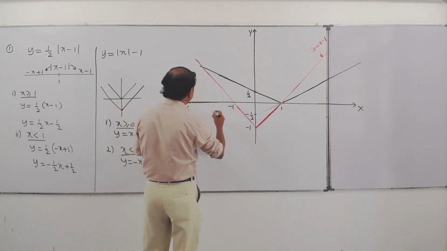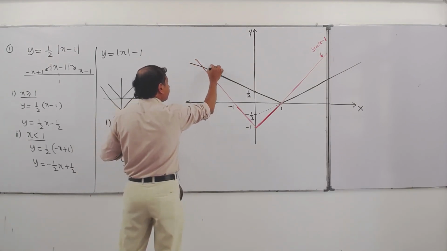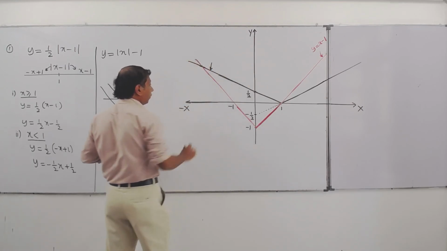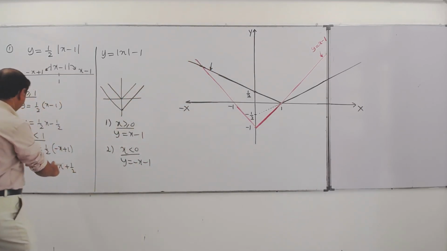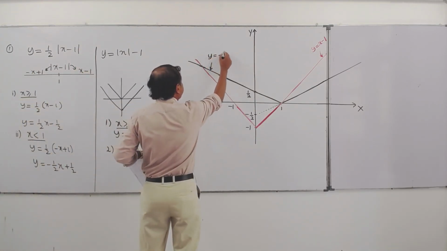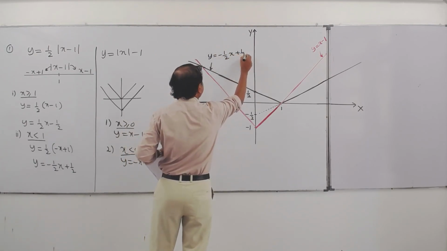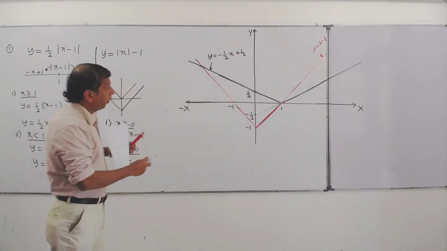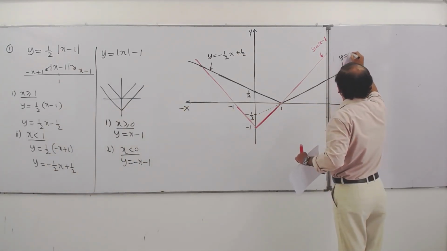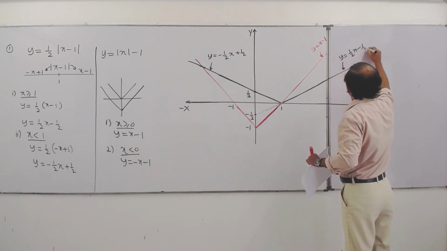Here minus 1. The equation of this, on the left of 1, is y equals minus half x plus half. And this equation is y equals half x minus half.